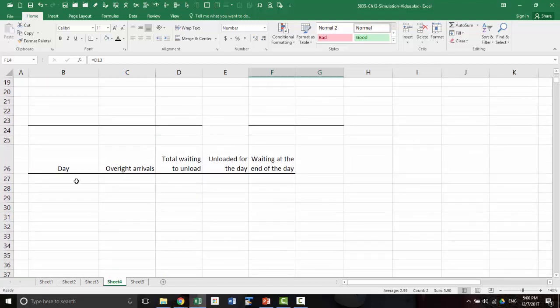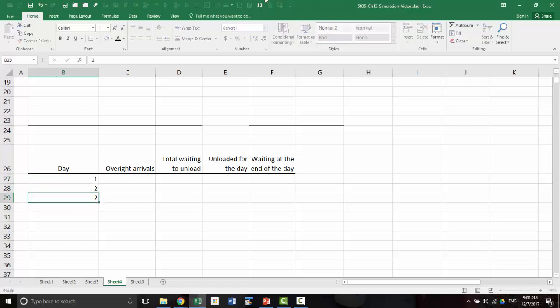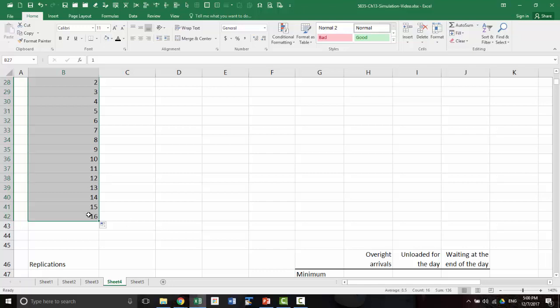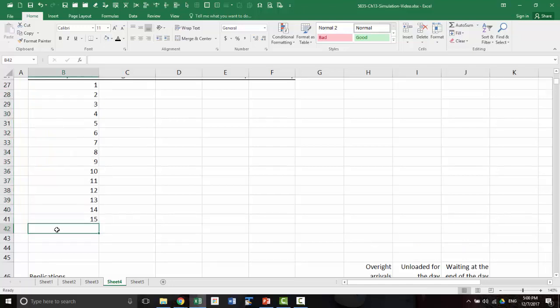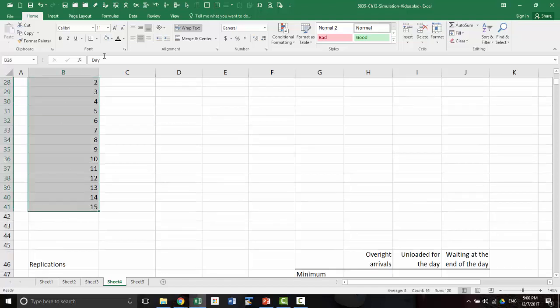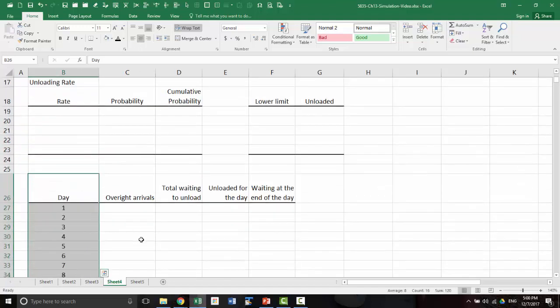So we have day 1 through 15. So we want to simulate for 15 days. Okay, so overnight arrivals can now be simulated using VLOOKUP.